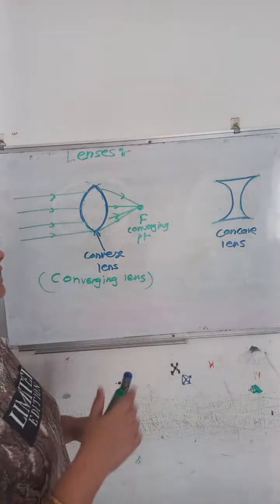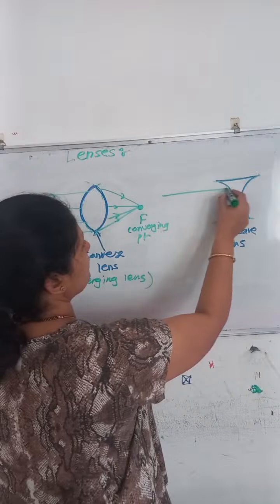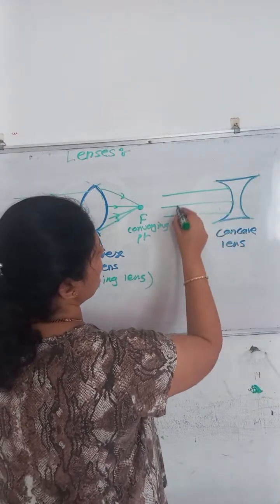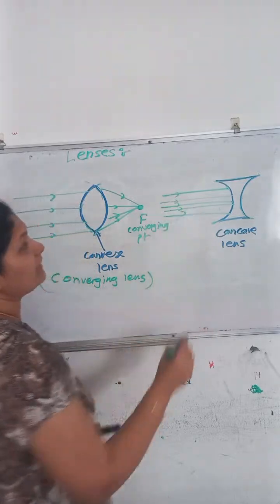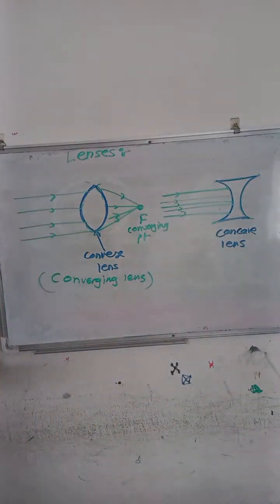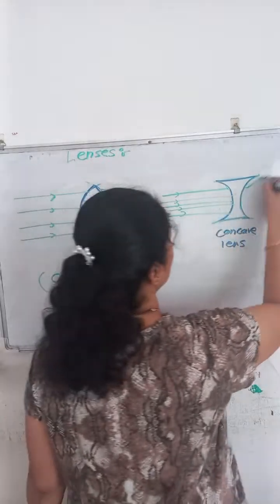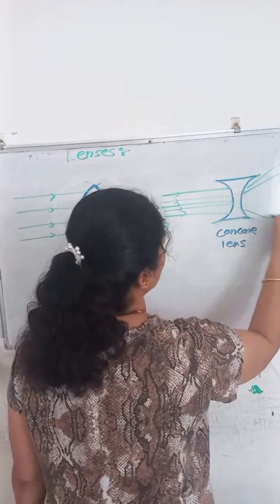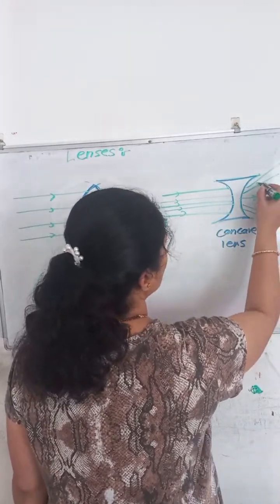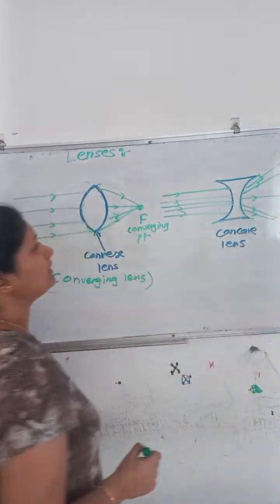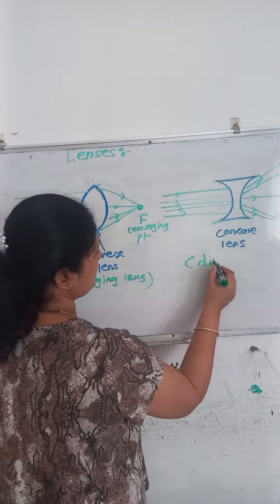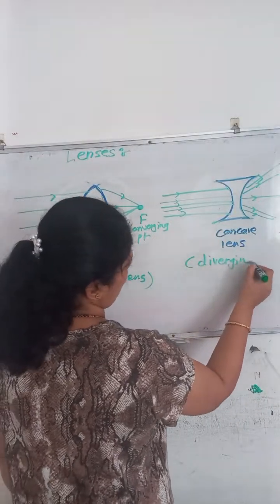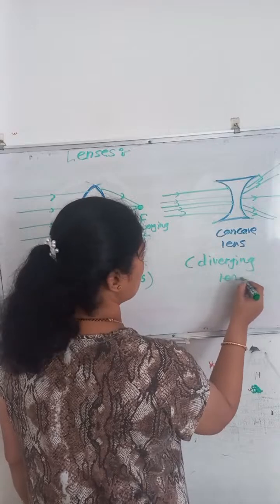Whatever incident lights are there get diverted, they diverge like this. They are not at all focusing, they get diverted in all directions. That's why this lens is known as a diverging lens.